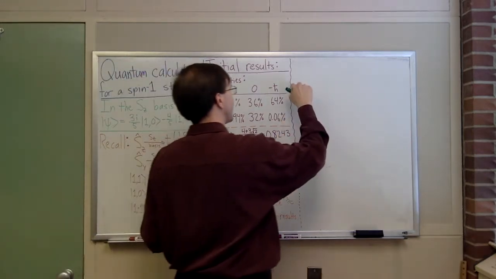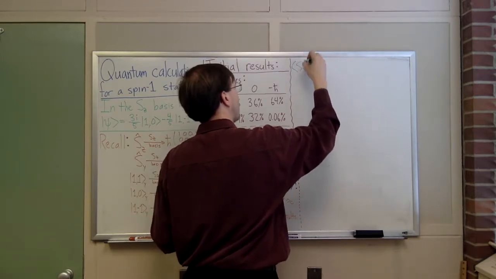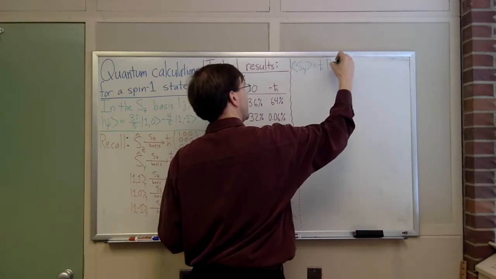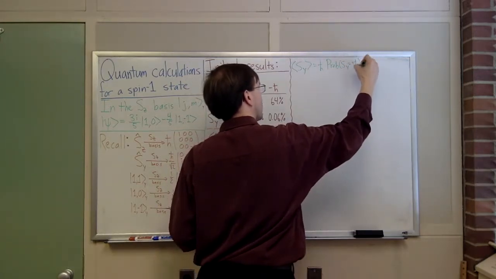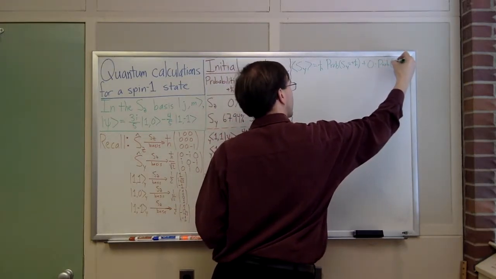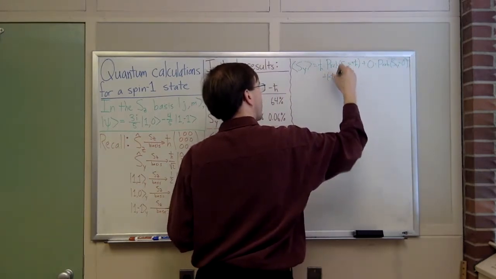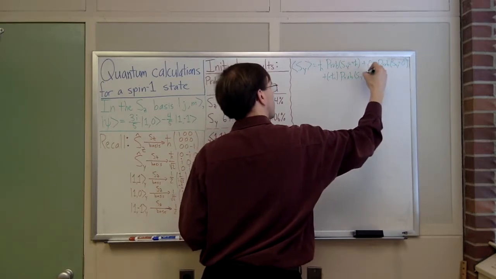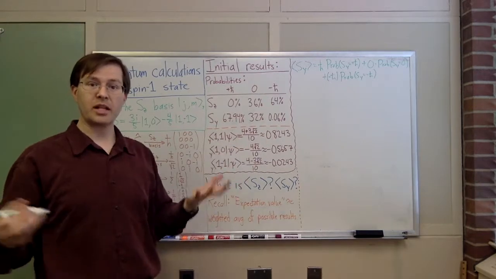I can say that my expectation value of Sy is going to be h bar times the probability of Sy equals plus h bar, plus 0 times the probability of Sy equals 0, plus minus h bar times the probability of Sy equals minus h bar. And I know those probabilities because I calculated those in that previous video.